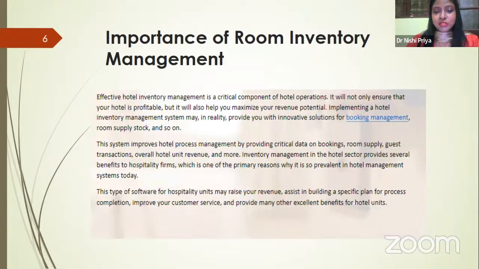Importance of room inventory management is one of the things which we need to learn here in your course. What have we gained from room inventory management? See, we have already understood what room inventory management is. So it is quite easy to understand that it is first of all very time saving, है ना?